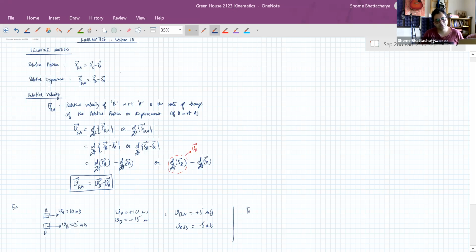Whereas if we have another example where two objects are moving towards each other, with proper sign convention, this will be written as plus 10, and this will be written as minus 5. So velocity of B with respect to A here will become minus 15 when we apply that definition, and velocity of A with respect to B will become plus 15.